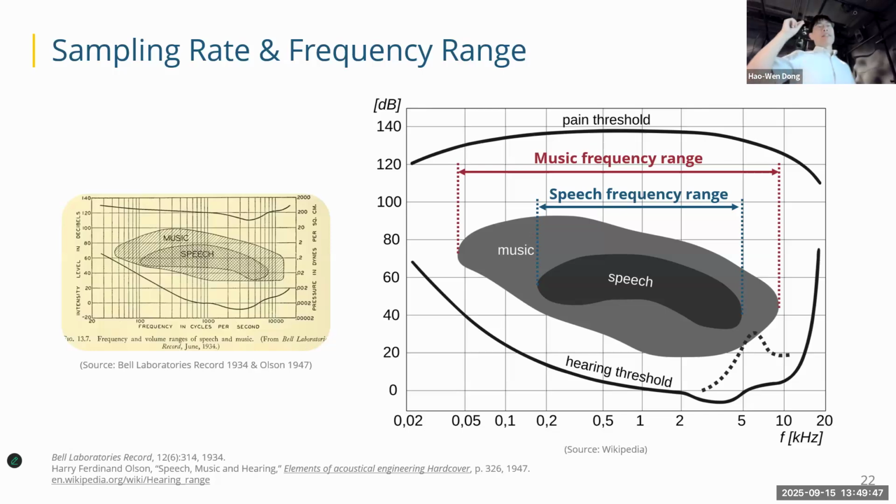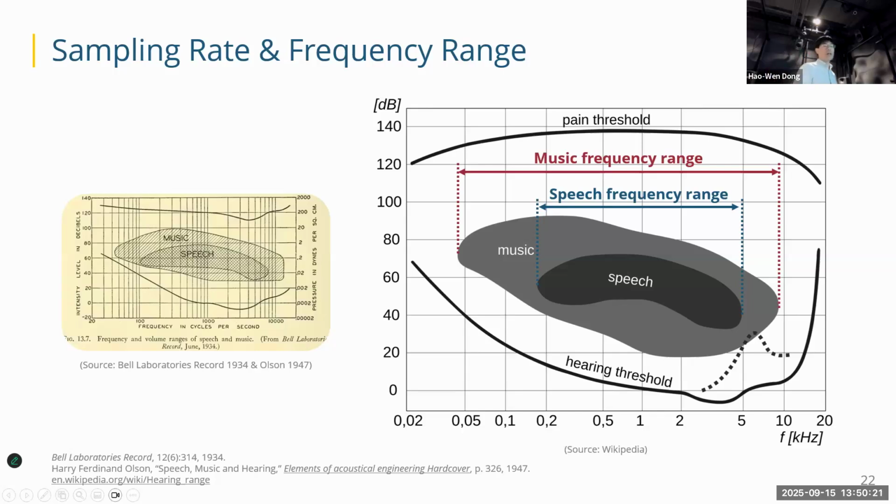So when you're designing the frequency range, you look at it like it ends at 4K-ish, and that's why you pick 8K hertz for telephone. Then you can pretty much cover the whole speech range. But for music, sometimes you will get much higher notes, especially a violin, or you think about the highest pitch on a piano, it could reach somewhere like 10K hertz.